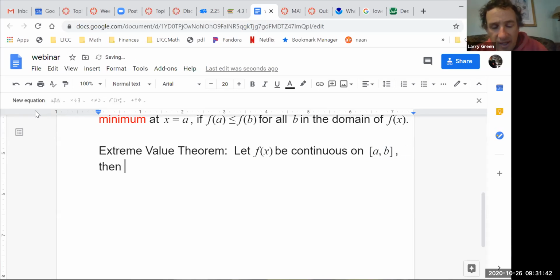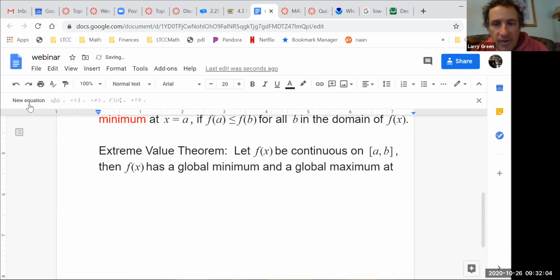Then f of x has a global minimum and a global maximum at some value. It could be more than one value between A and B.